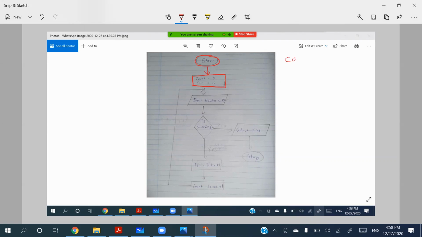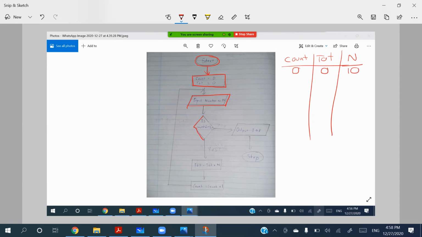I'm taking count as one column, total as another column, which is the tot in here. Count is 0 for the moment, tot is 0 for the moment. Then it says input number n. N is going to be another variable. I'm inputting 10, so n will become 10 for the moment.